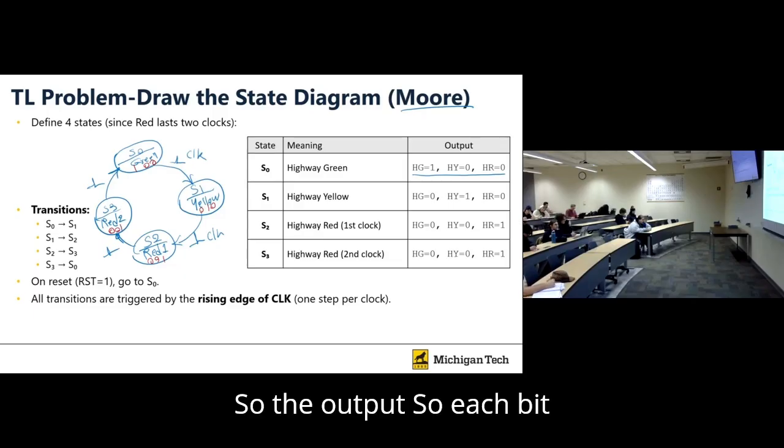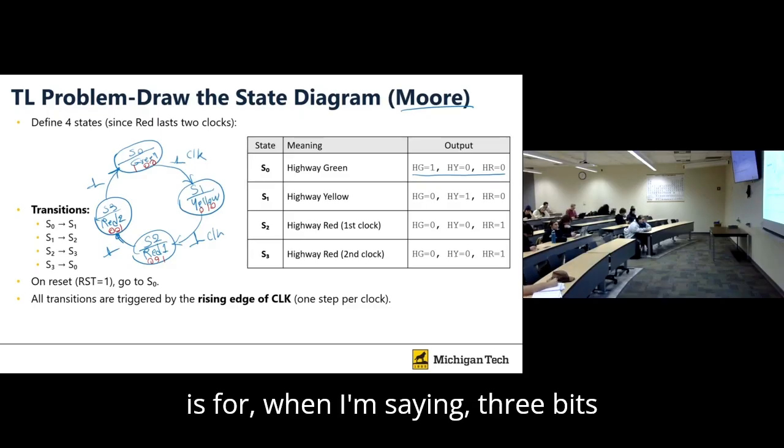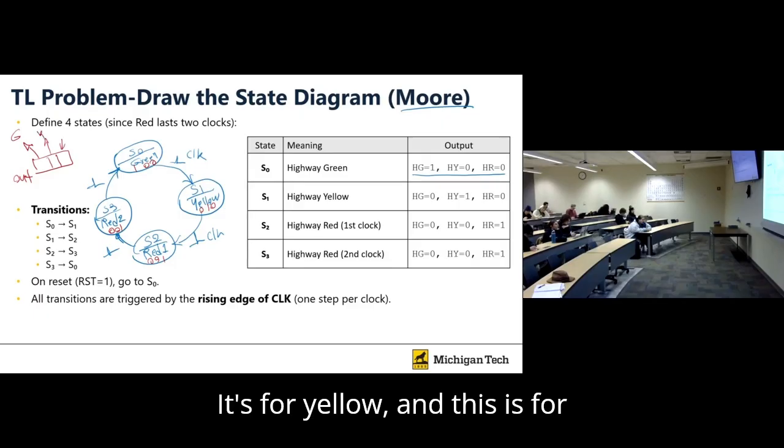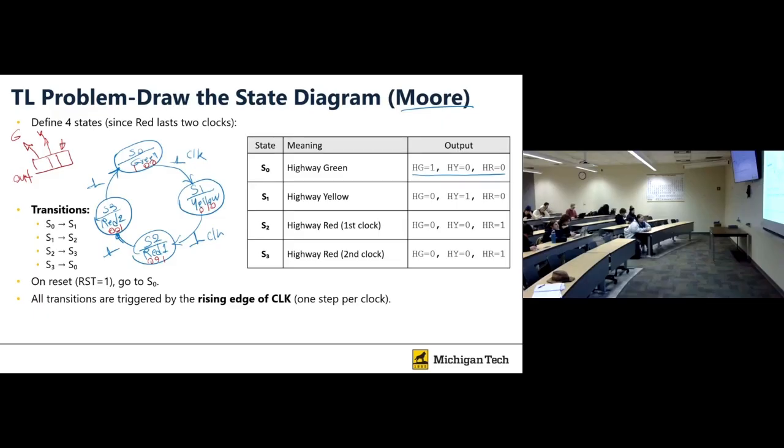So each bit is for, when I'm saying 3 bits output, this is for green, this is for yellow, and this is for red. So we have 3 bits as output.